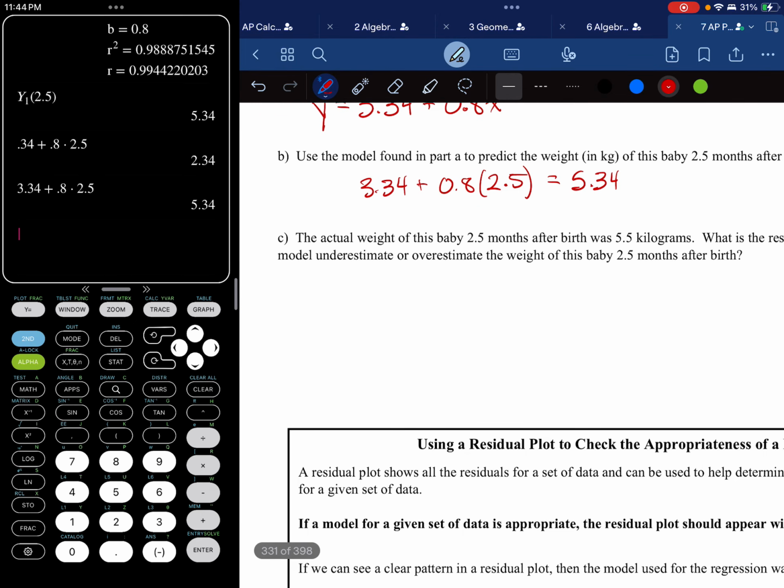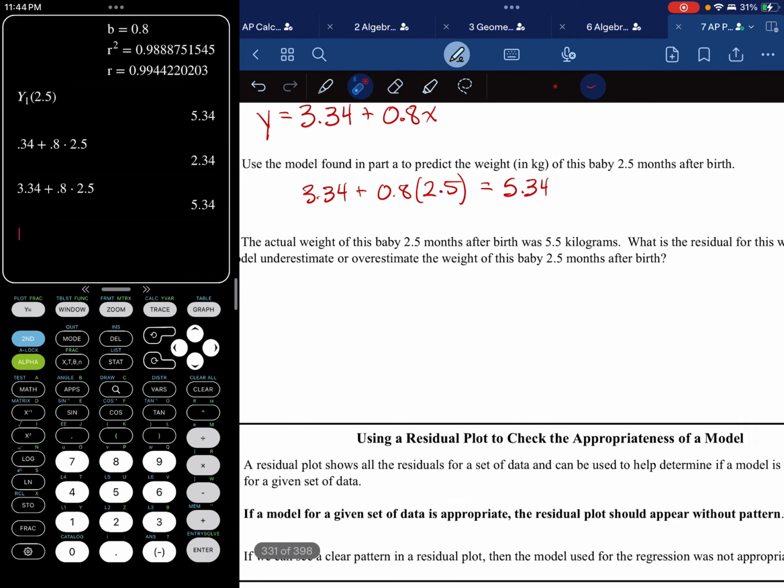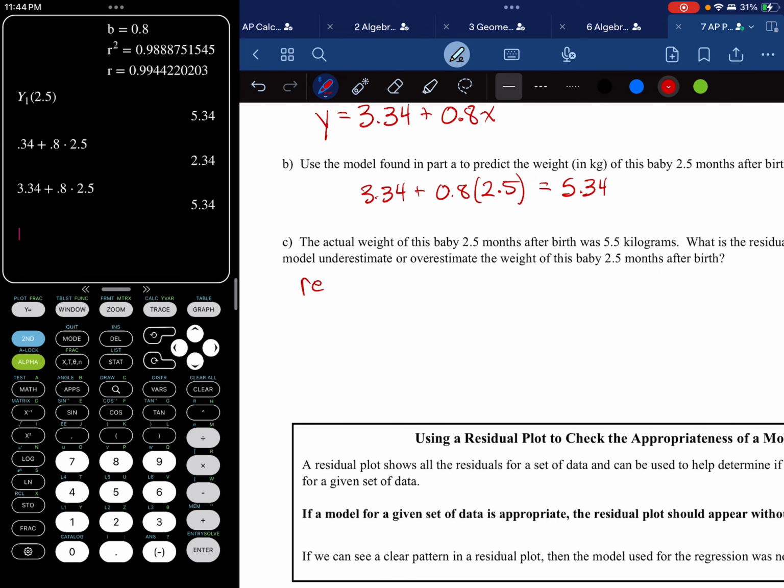In part C it says, hey, just kidding, you predicted 5.34, but it was actually 5.5. What's the residual? As a reminder, residual from that last page was the actual minus predicted. The actual weight of this baby was 5.5.